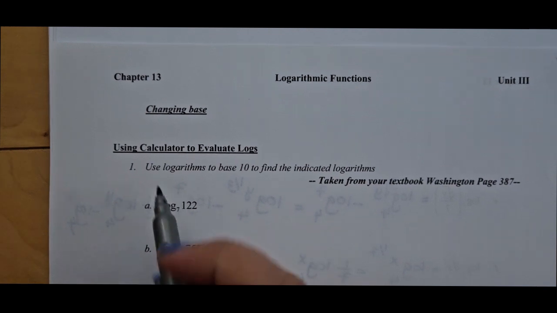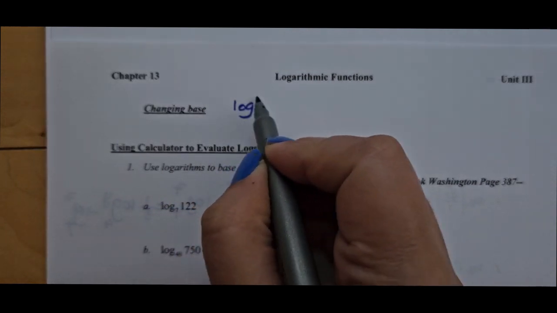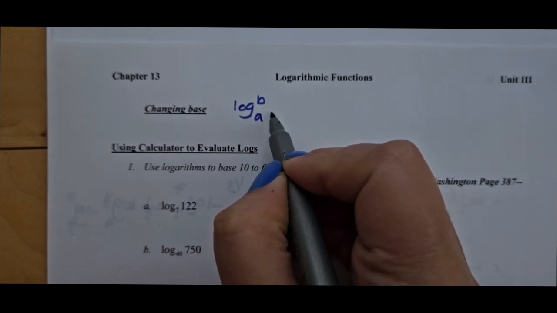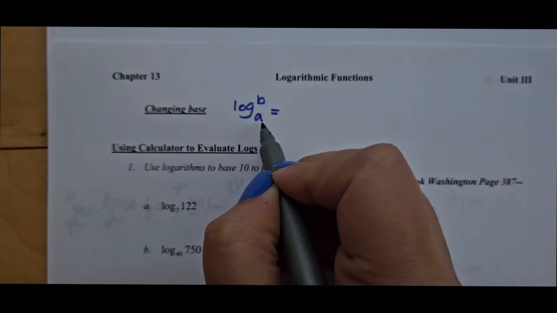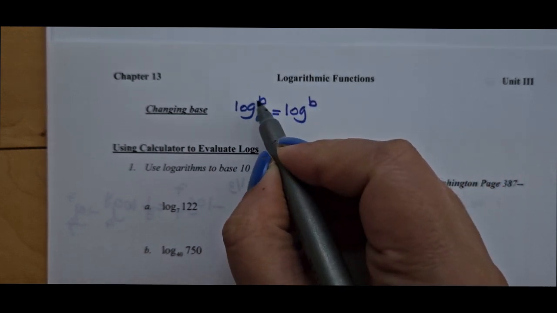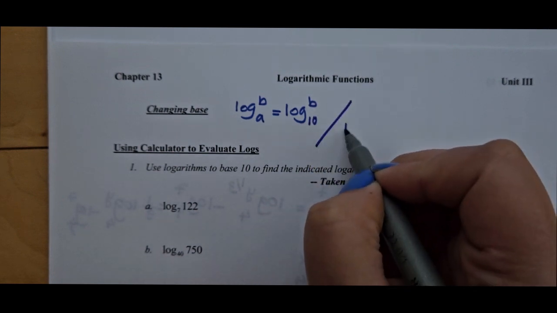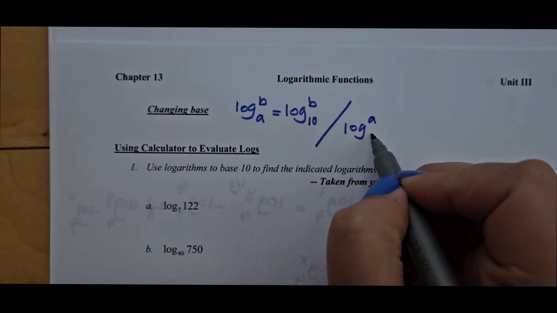Property number 10 is changing bases. So remember I told you that your calculators work with base 10 only. So here, when you have any base rather than 10, this is how you can calculate it. You can do log b to the base 10, divided by log a to the base 10.